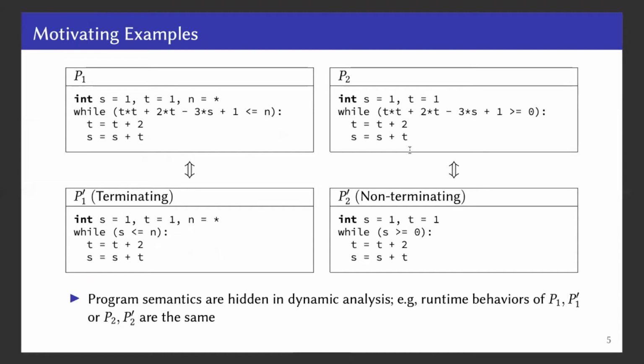Similarly, we can see that B2 does not terminate because s is always positive. Here we assume that there are no overflows. A good thing is that program semantics are hidden in dynamic analysis, so the runtime behaviors observed from the nonlinear program B1 and the linear program B1 prime are the same, similar for B2 and B2 prime.